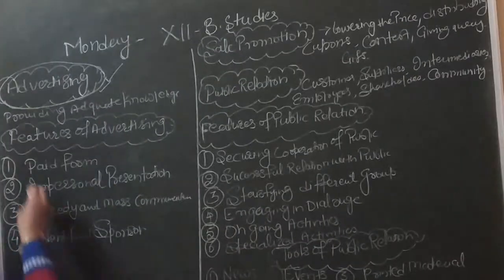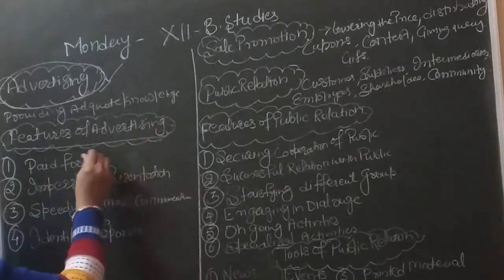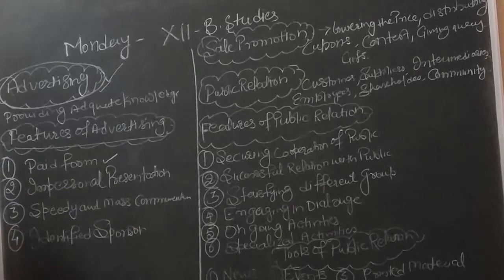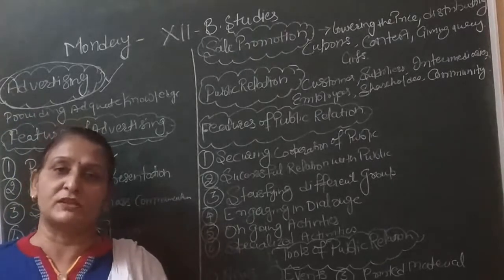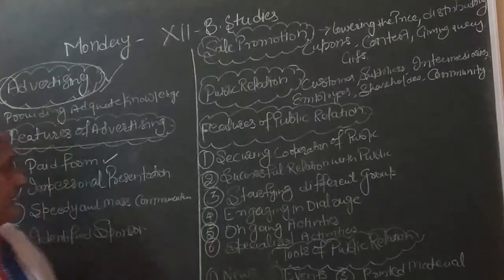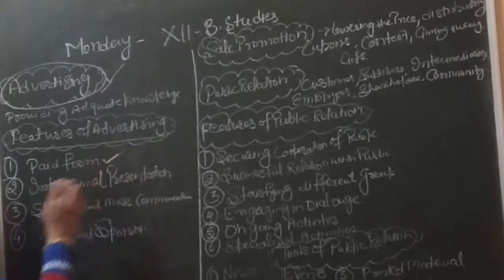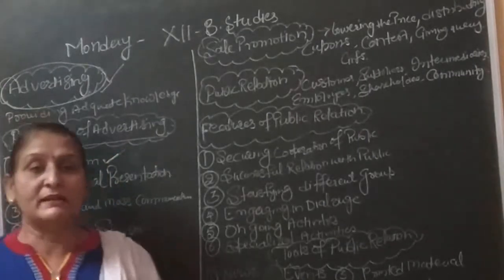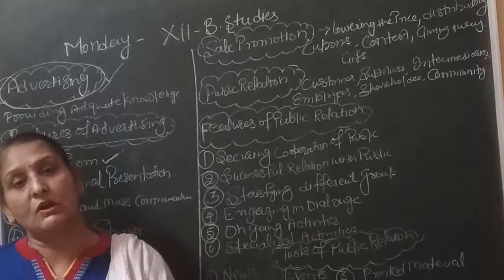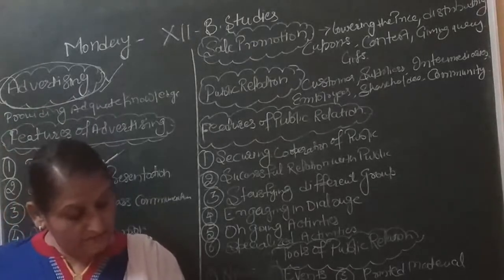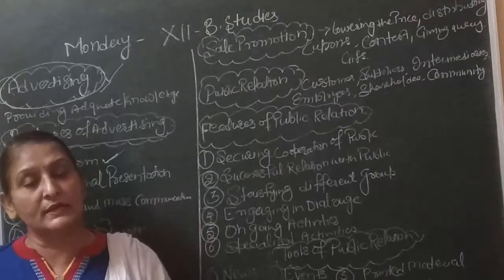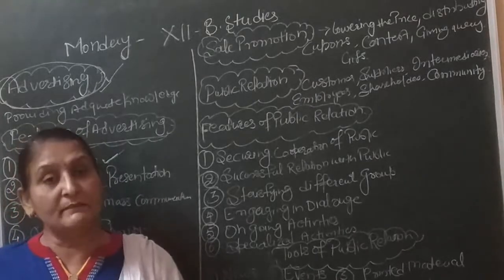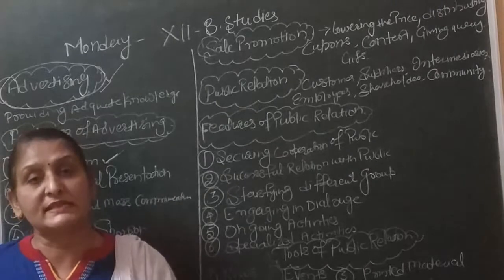And now the features of advertising. First of all, advertisement is a paid form. The money is spent for making the presentation. But when magazines or a newspaper give information about your product and the producer does not spend money on it, then it will be known as publicity.